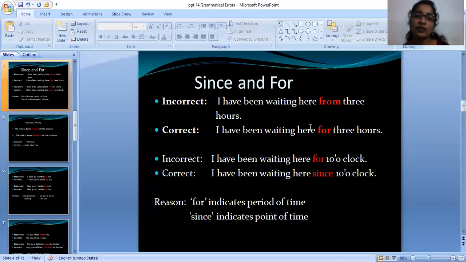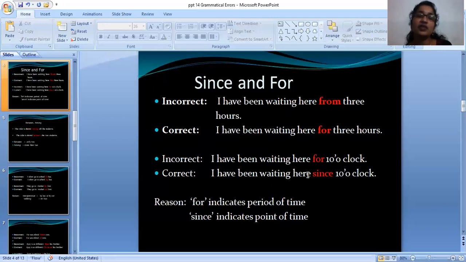So in the first set of examples, we have used for, and that is correct. But here, using for is wrong, right? We have to use since. Then what's the difference? Why is using for correct in one place and not correct in the other?